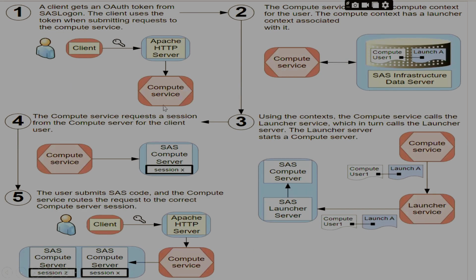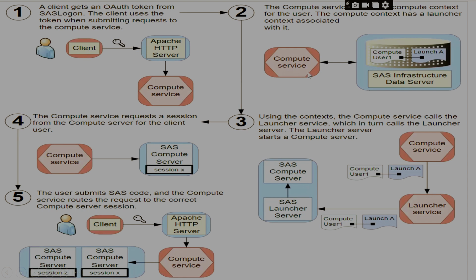And this is the basic architecture of how a client will interact with the SAS compute server. This is the first client, the first time you are accessing the application. The request will go to Apache HTTP server, then it goes to the compute server.